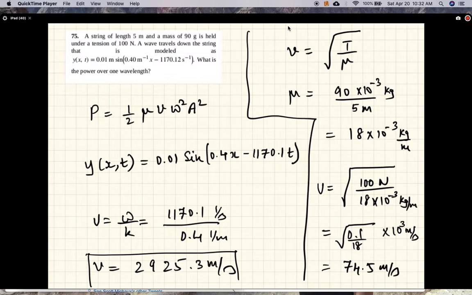Is there a fix? All right, so we could fix this inconsistency if omega were 29.8.